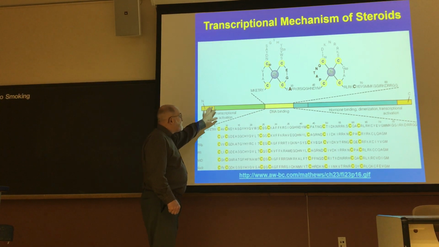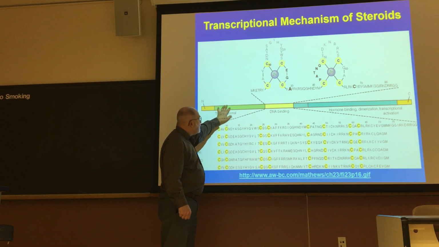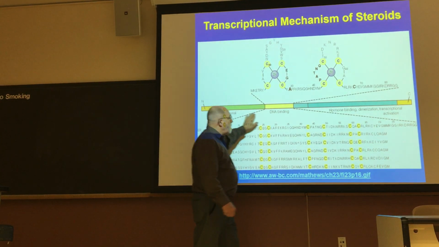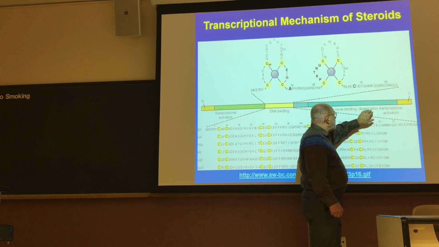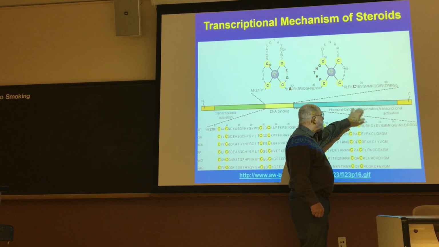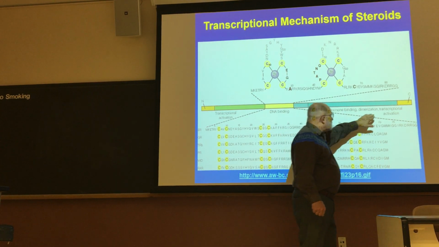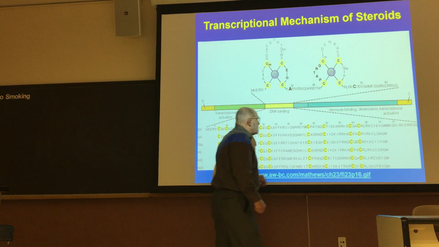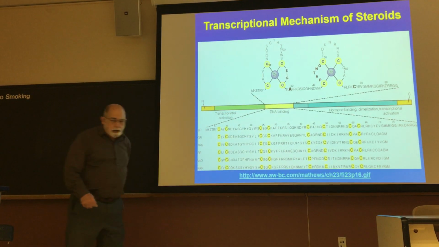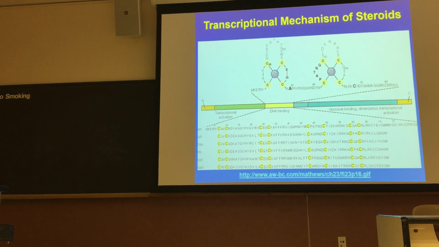And there are other portions of these protein molecules that are involved in transcription or in binding to the hormone, in dimerization, which I'll get to in a bit, interaction with other receptor molecules, and transcriptional activation as well. So that structure, remember, covers a whole family of receptors at the nuclear level.